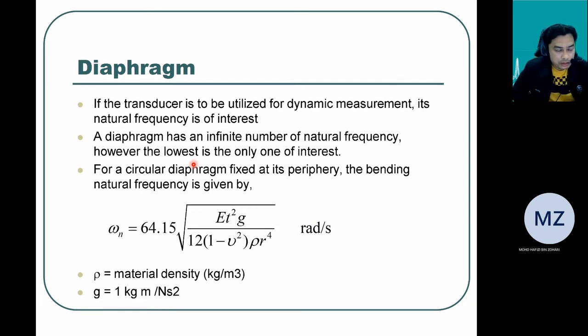We are actually looking at omega n, which is the natural frequency of the diaphragm. We need to avoid the dynamic pressure matching the natural frequency. Otherwise, it will damage the diaphragm, or it can give a large error to the measurement.